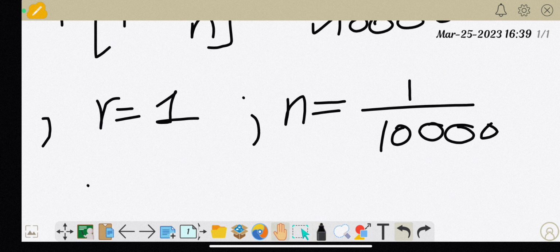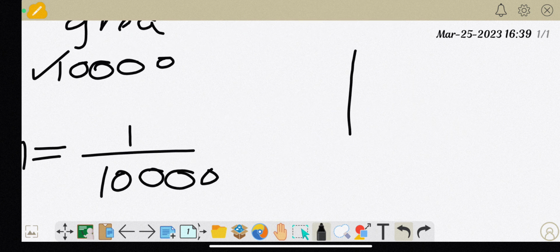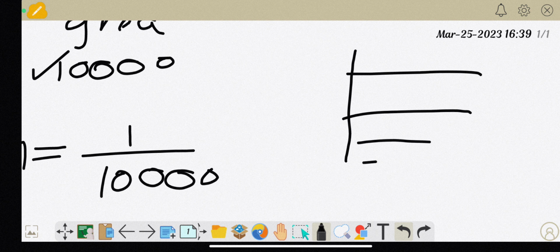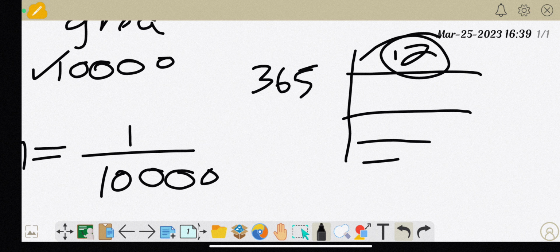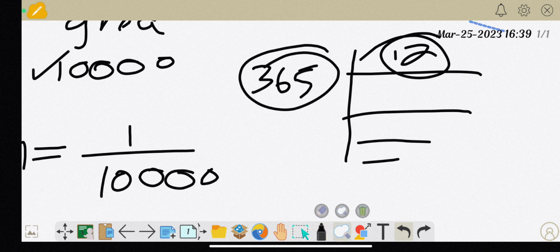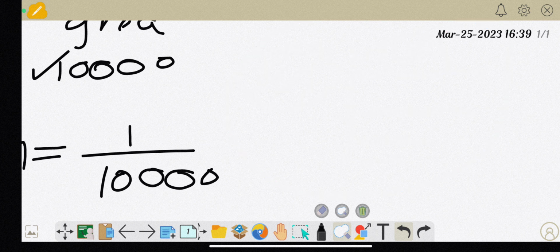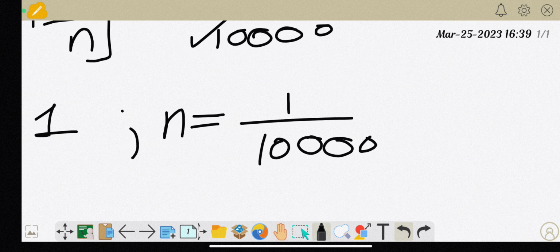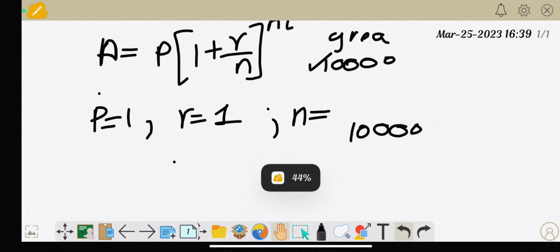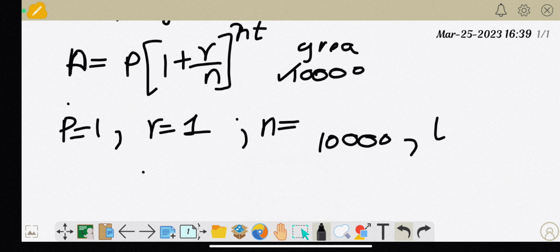In 1 year, you can compound monthly, 12 times per year, or daily, 365 days per year. I am telling them to compound the money every 5 hours, 10,000 times, and my term t is equal to 1 year.